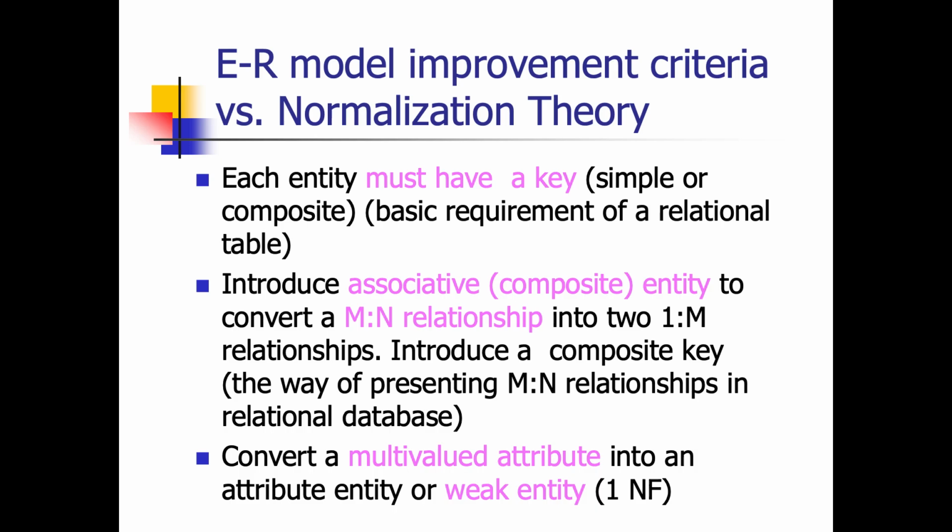For example, in your ER model, let's say you have an entity employee and another entity department, right? If you do not identify department ID as the primary key of the department, it will not be a foreign key when you convert it to your relational schema, okay? But if you identify it as a primary key, then when you convert it to a relational schema, it automatically shows the foreign key for you.